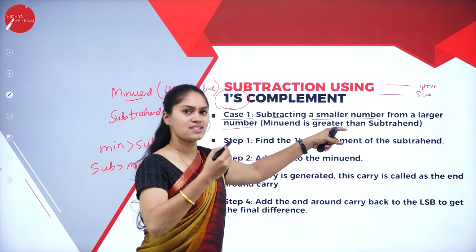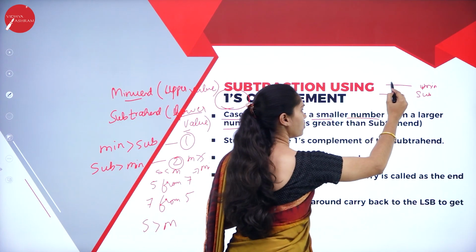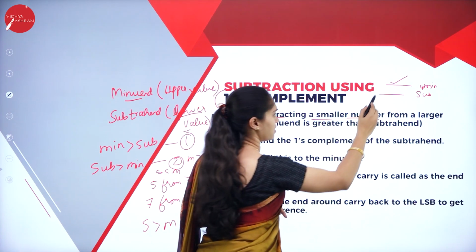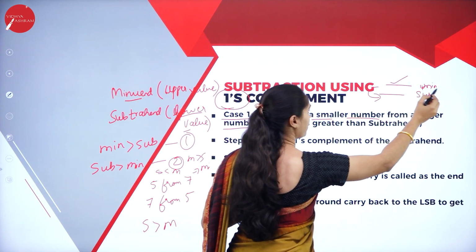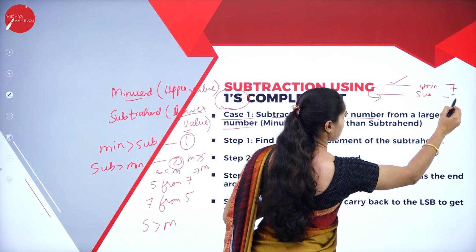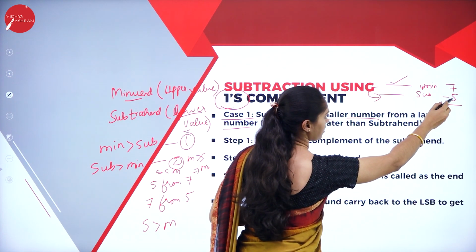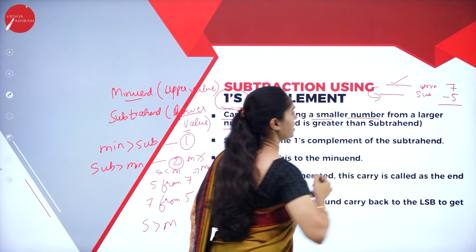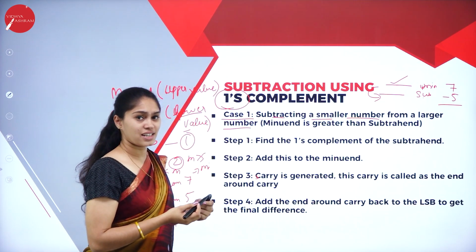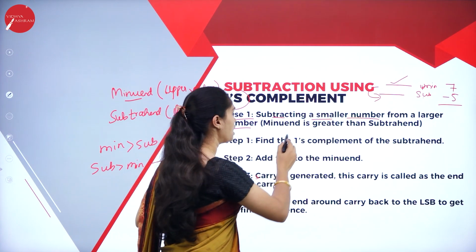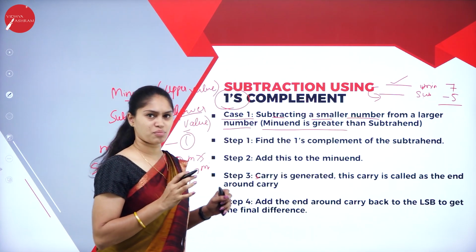Minuend is greater than the subtrahend, so whatever the value in the upper digit will be greater than this lower digit. For example, subtract 7, 5. That means subtract 5 from 7. 5 is subtrahend and 7 is minuend. Which is greater here, either 7 or 5? That is 7. So minuend is greater than the subtrahend.